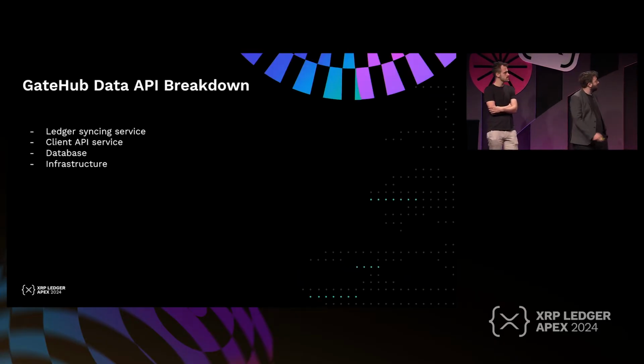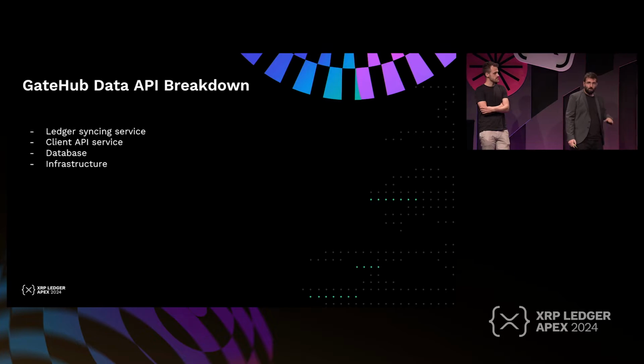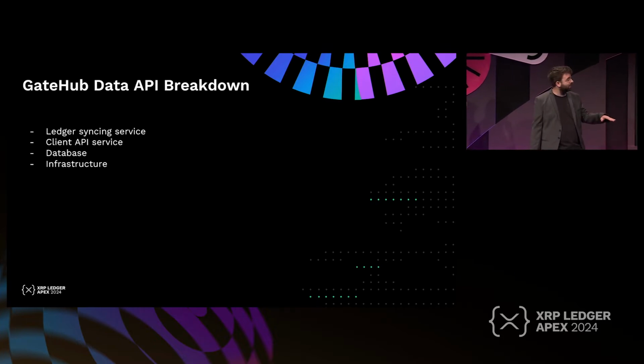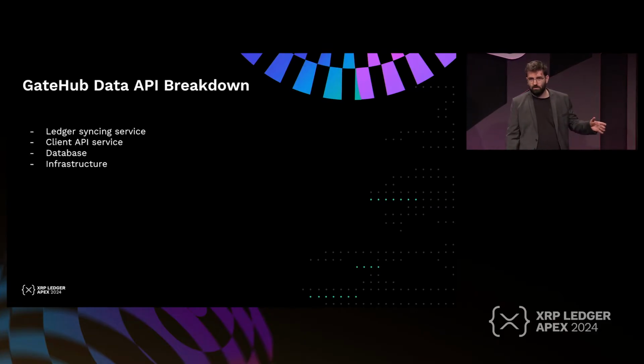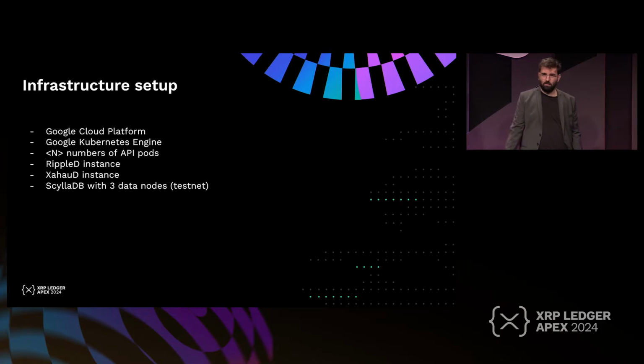So let's break it down a little bit. Of course, you always have infrastructure, then we have the database, we have the client API service, and some service that we are calling syncer for syncing the data and doing some calculations. So if you start with infrastructure, GateHub is running everything in the cloud, in Google Cloud Platform. And for these kinds of projects, we are leveraging Google Kubernetes Engine.